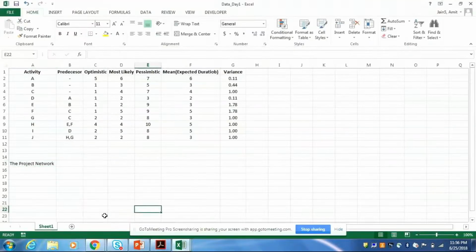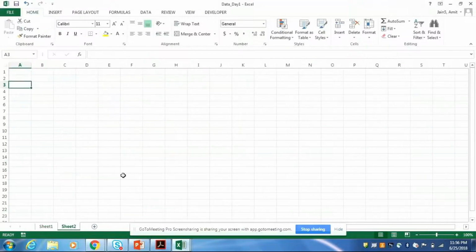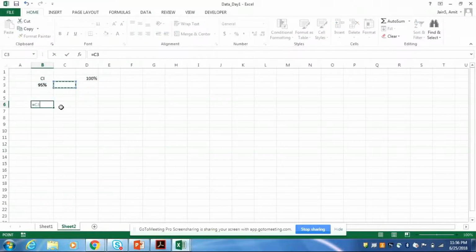So in statistics, you would often see, if I want to be 95% CI. CI is confidence interval, right? So overall, it can be 100%. I want to be sure 95%. So what is remaining? 5%.